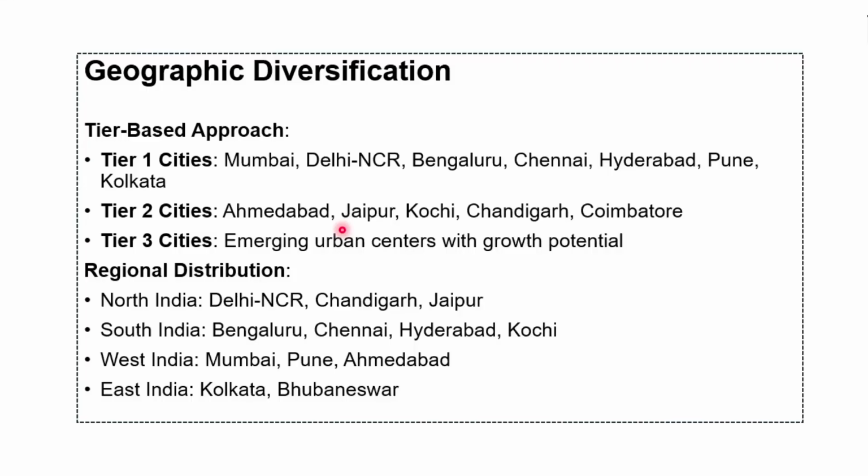Then geographical diversification, from tier 1 to tier 2 cities. We have seen even during COVID time, some cities were majorly impacted in comparison to other cities. There were variations in rules also. And even in normal days, some cities have different local laws in comparison to others.